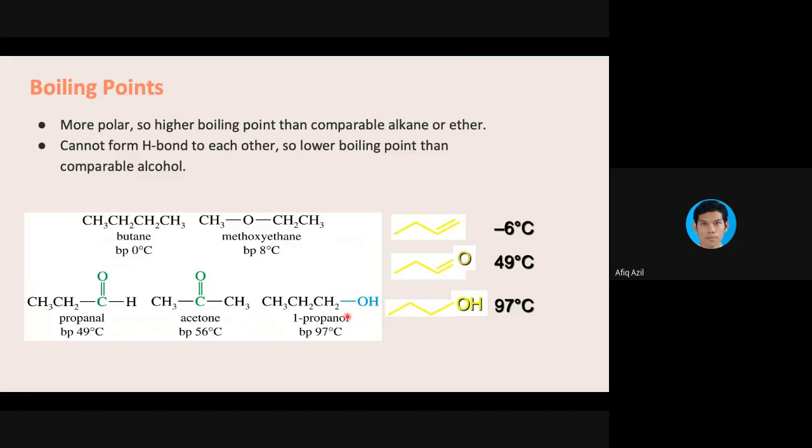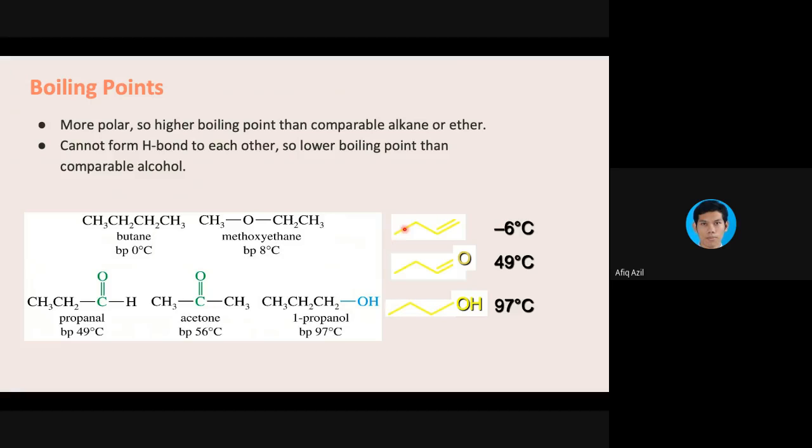But once it becomes an alcohol, the boiling point is almost the same as water, which is 97, due to the fact that the alcohol structure can form hydrogen bonds among each other.